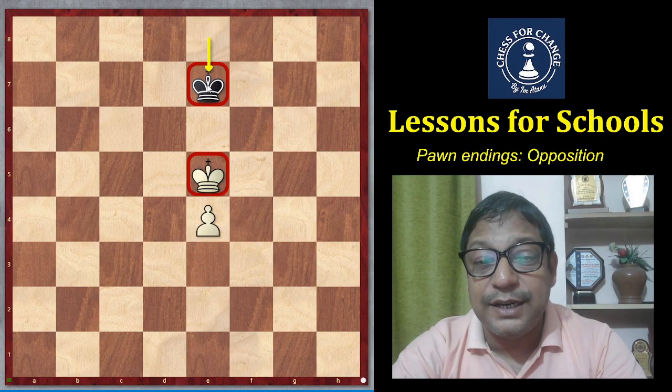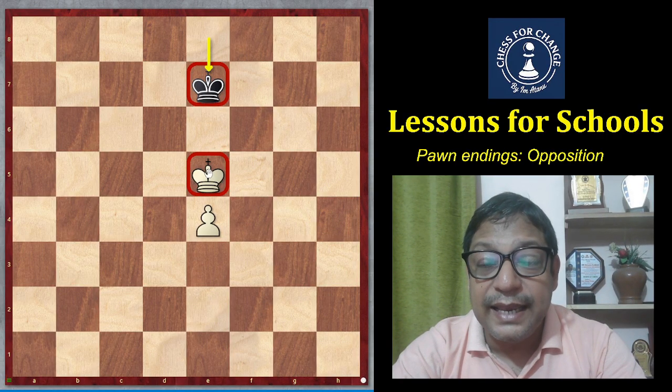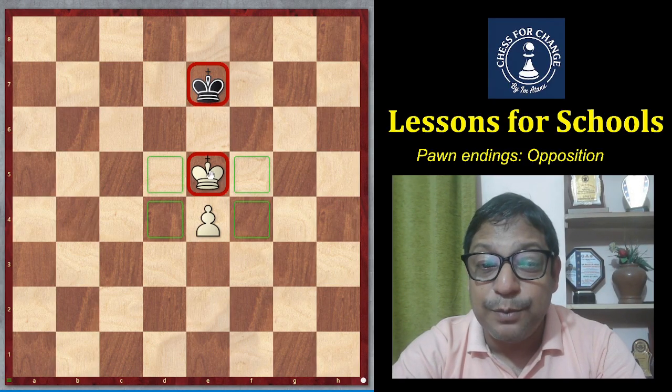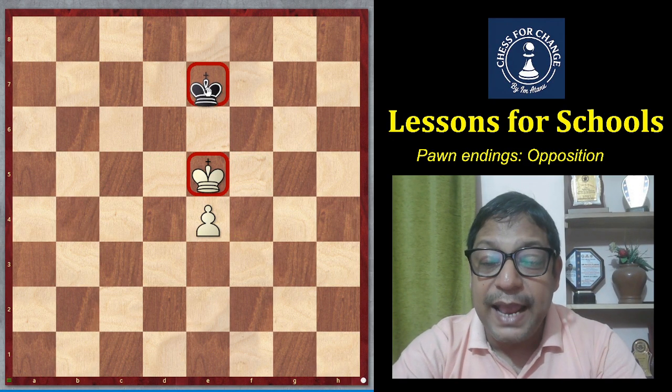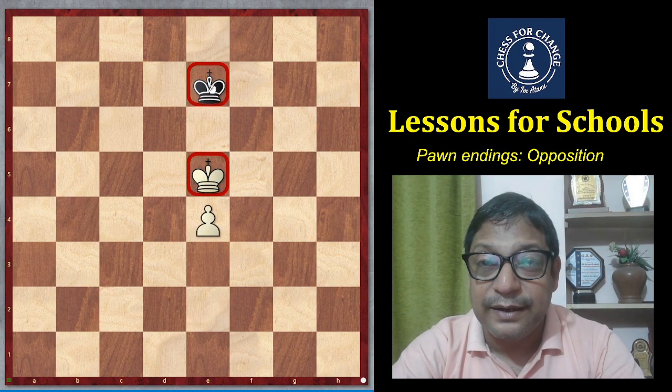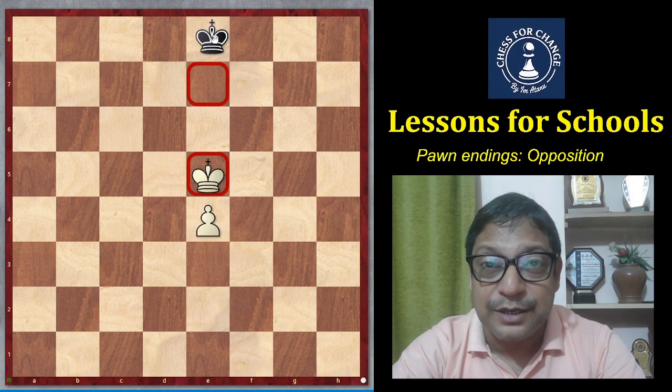The second condition is both should stand exactly on the same color. Here white's king is standing on a black square. The black king should also stand on a black square. Only then it is opposition. This position is not opposition, because here it is a black square and a white square, so they are different.